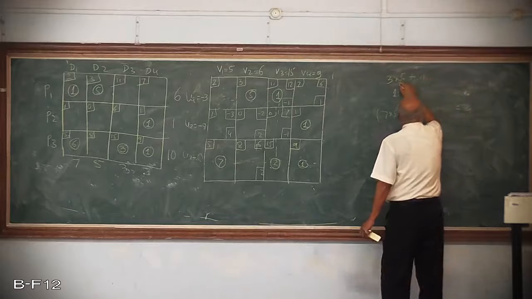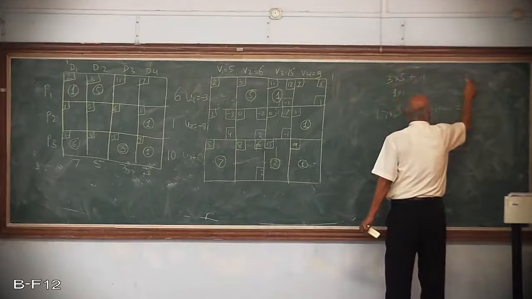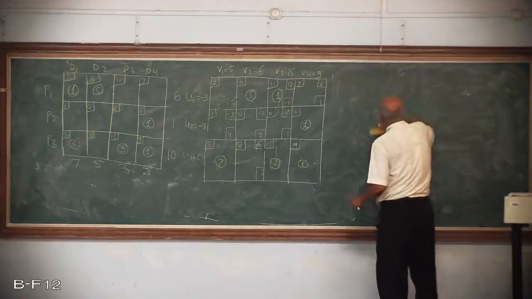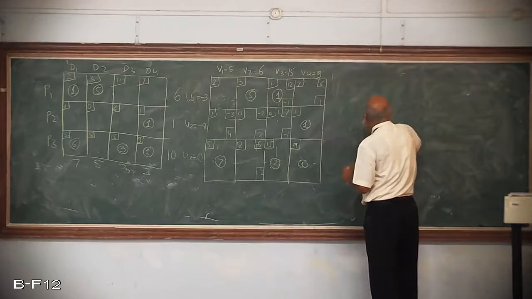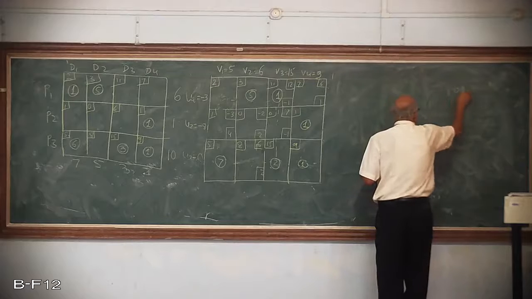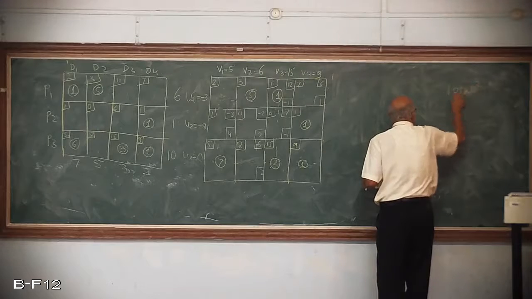This one is 15 plus 16. So this works out to be 101. This is what we are going to get, 101 into 10 to the power 2.